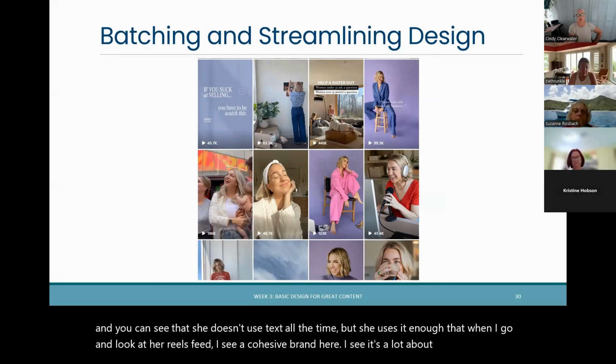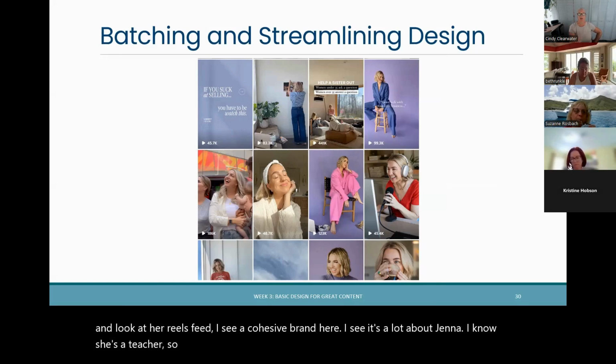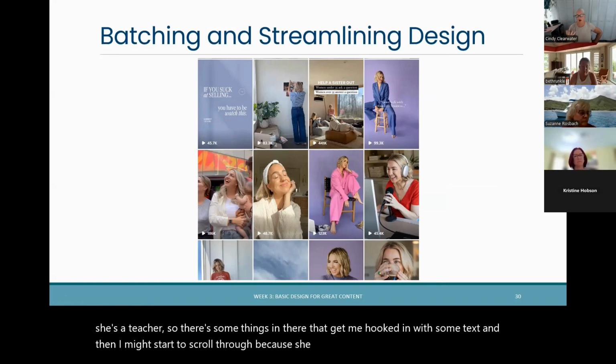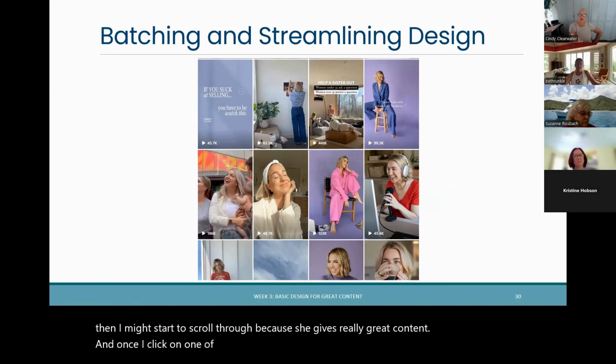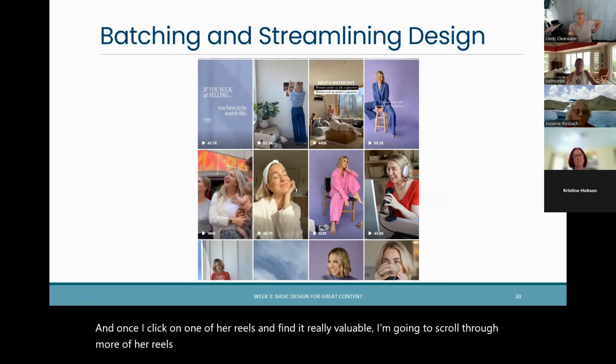I know she's a teacher. So there's some things in there that get me hooked in with some text. And then I might start to scroll through because she gives really great content. And once I click on one of her Reels and find it really valuable, I'm going to scroll through more of her Reels. So this is where you're using some of that design appeal and using your cover images on your reels.